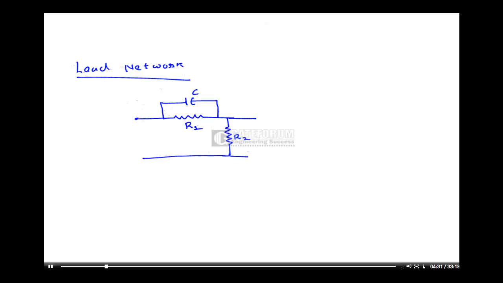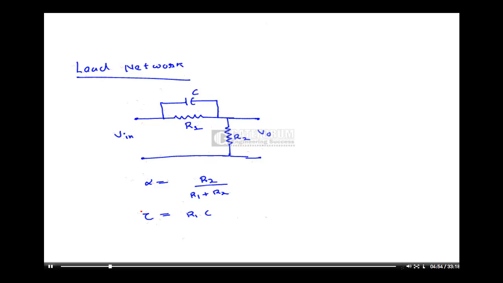This is my lead network, V in, this is V out. In this case alpha is equal to R2 upon R1 plus R2 and tau is equal to R1 C.